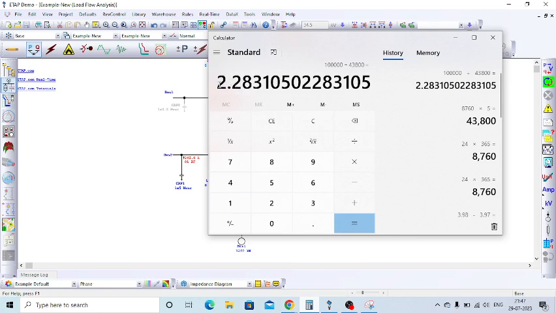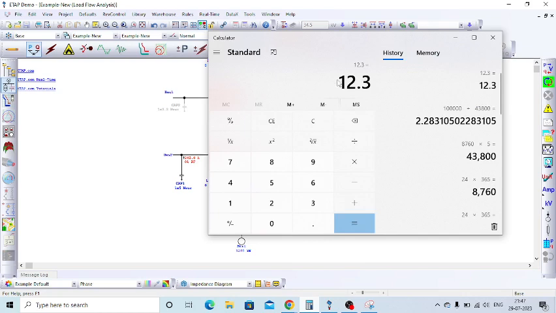In some cases, suppose it is 12.3, let's consider 12.3 in place of 2.3. So it means I will get the energy saving equivalent to 1 lakh rupees in 12 years and 3 months.